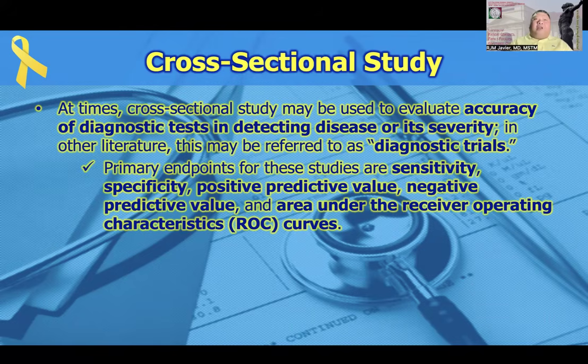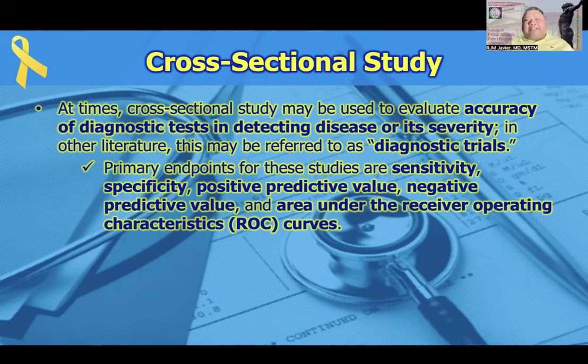But if you follow JAMA or the journal for most medical specialties in the Americas, when you look into the accuracy of a diagnostic test, it is often merely classified as a cross-sectional study.